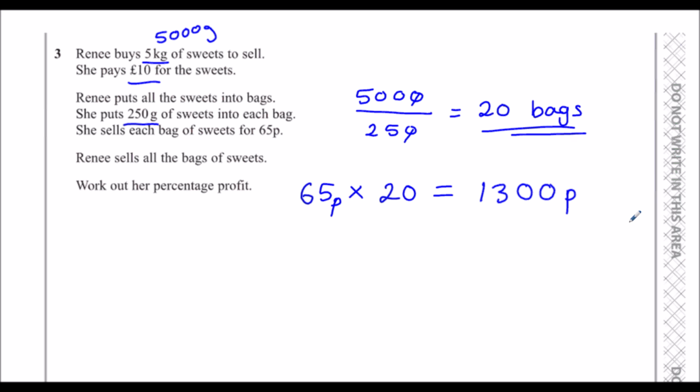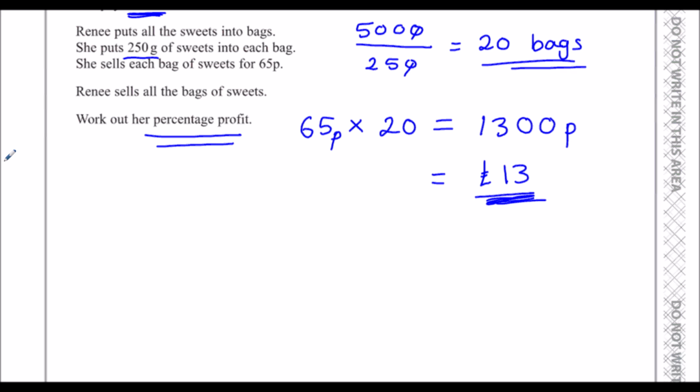So she sells them for 1,300p, which is £13. So she paid £10 for the sweets. She sold them for £13. Work out her percentage profit.